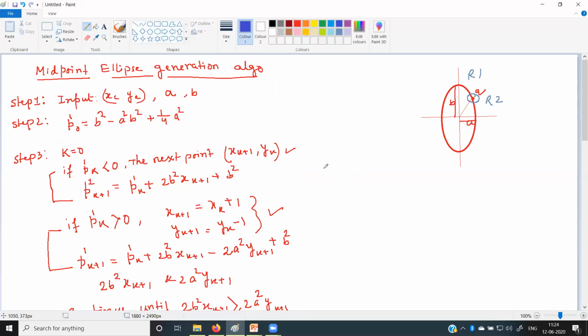Consider you have an ellipse whose length of major axis, A, is equal to 8, that means the value of A is 8, and the length of minor axis, which is nothing but B, is equal to 6. Okay.